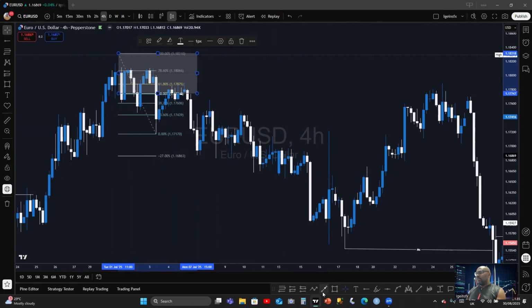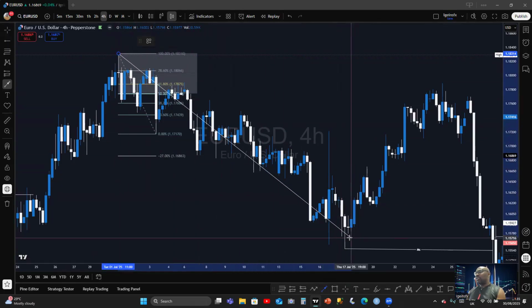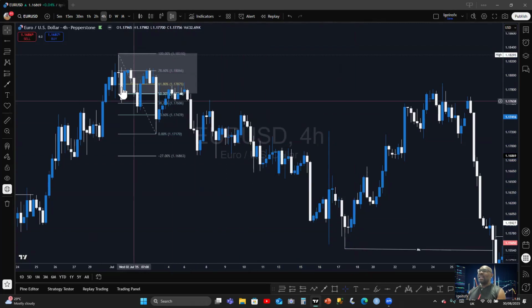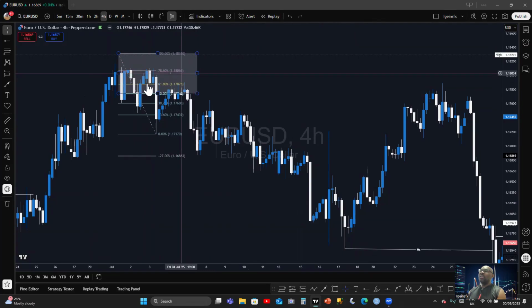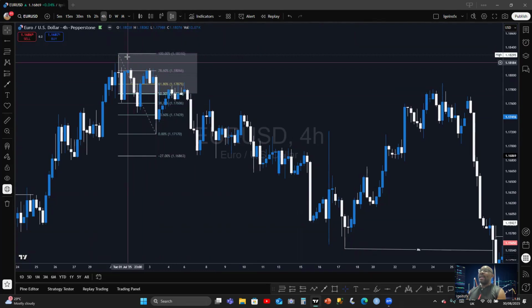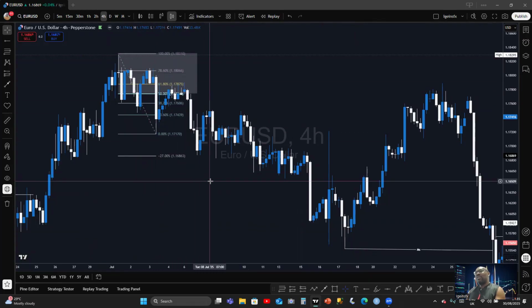Remember, for the fact that this is a bearish trend, you want to be selling when an asset has increased in value. So this is a premium level. You sell at a premium level to buy at a discount level. All right?